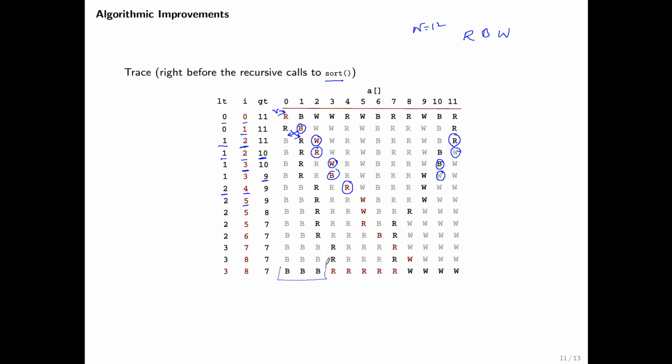We have a first partition whose elements are all smaller than the elements in the middle partition, and these elements are precisely equal to V. Then you have this partition whose elements are all greater than V, the pivot element, and these guys are all less than the pivot element. So that's how the partitioning works in quick 3-way sorting.